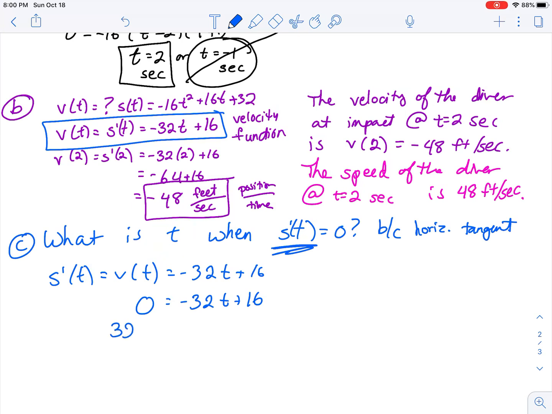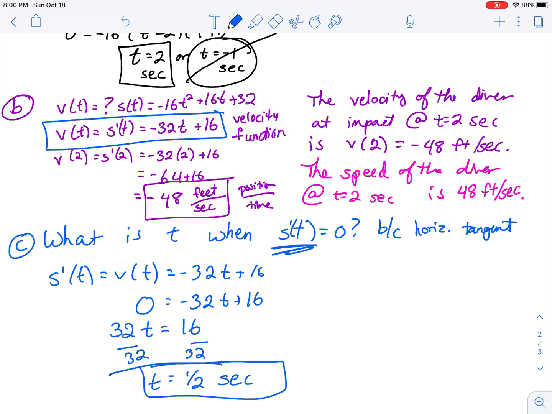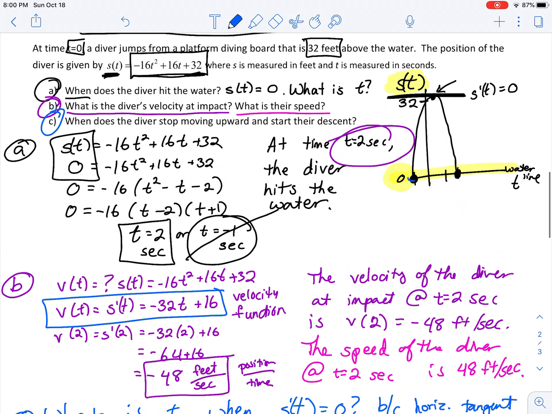So add 32t to both sides, 32t equals 16, and then divide both sides by 32. You get t equals 1/2. 1/2 what? What is t labeled in? T is time, labeled in seconds. So 1/2 of a second has passed, or 0.5 seconds, however you want to write that out, which hopefully makes sense.